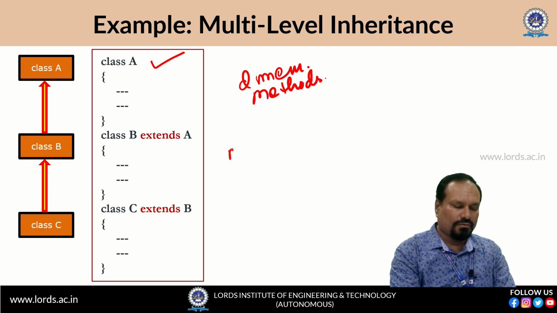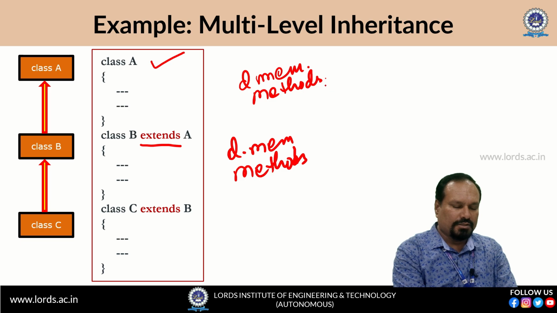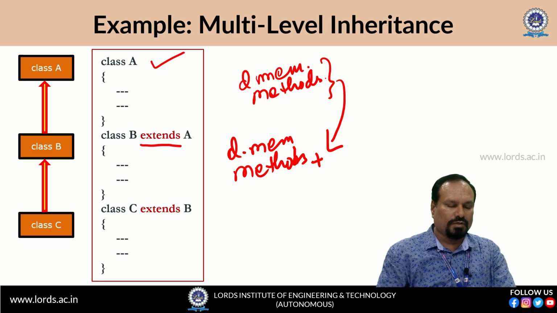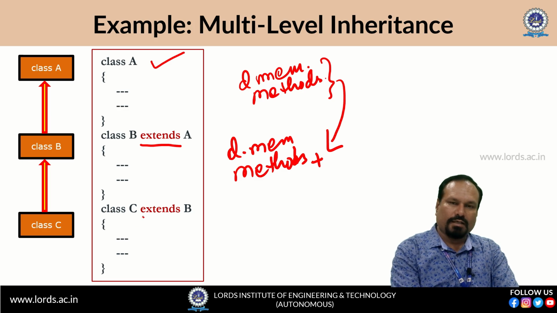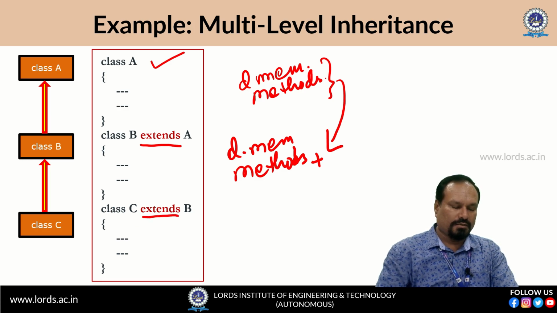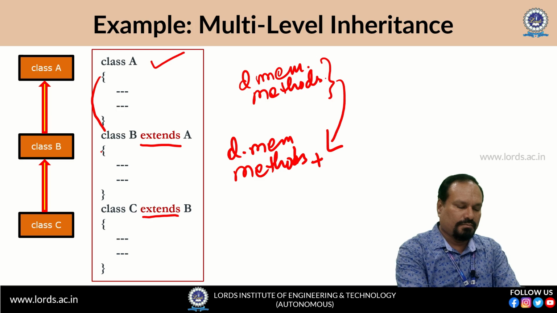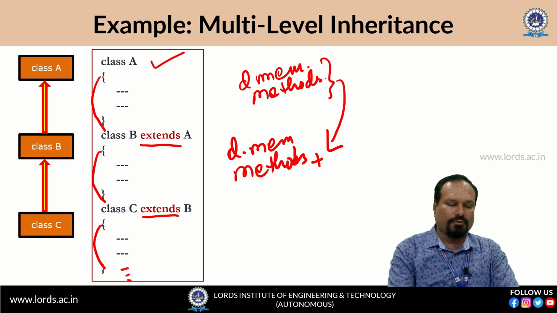Likewise for B, we have the data members and methods of class B. Now you are aware that all the methods of A will be available here along with the data members and methods of B. From B, if you want to create class C, we extend B to C. So class B extends class A, and class C extends class B. You can go for as many levels down as you want.